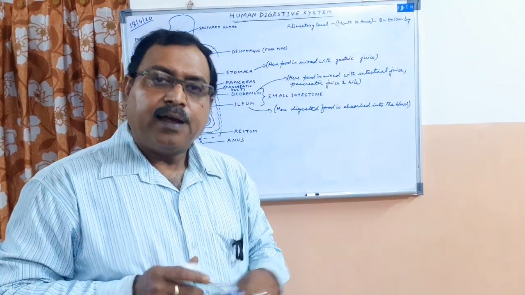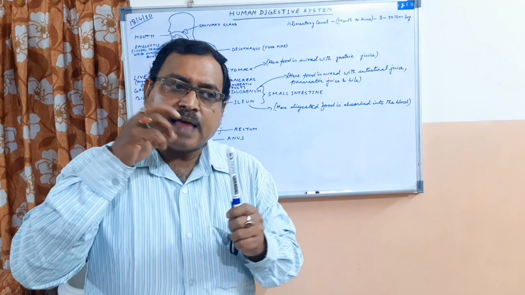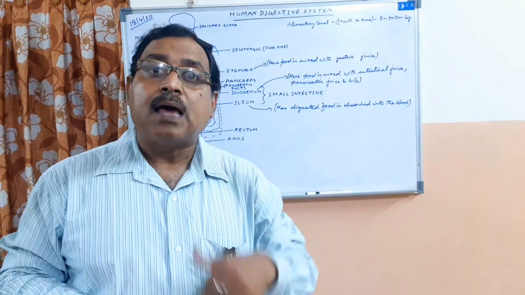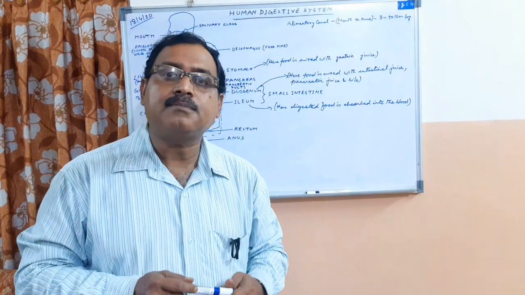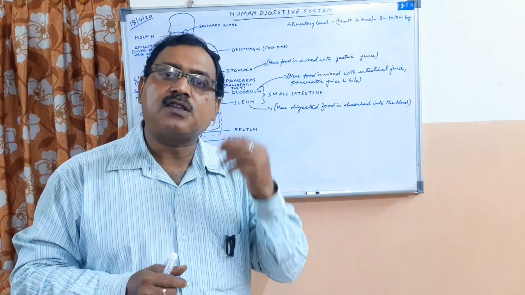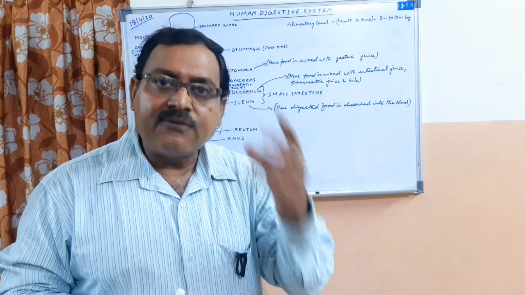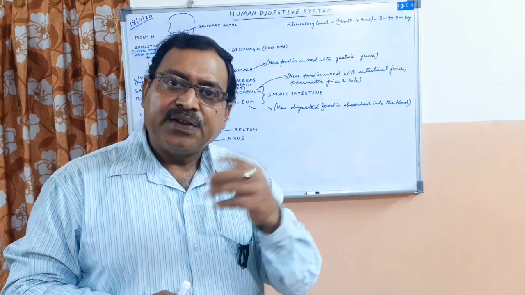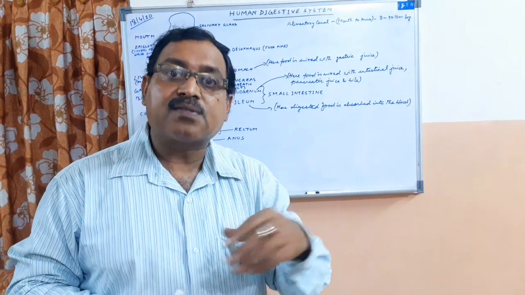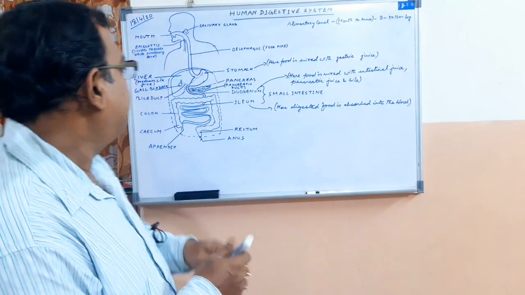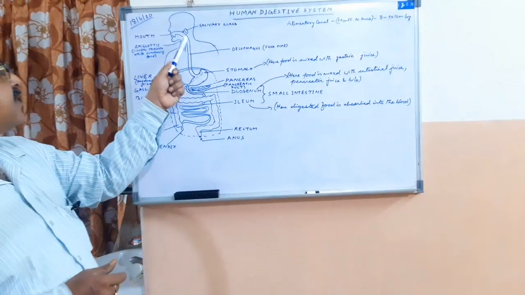Clear? Now, when this act of chewing, which you call mastication in biological terms, is being done, the saliva keeps on getting secreted from the salivary glands. Now here, this is the salivary gland.